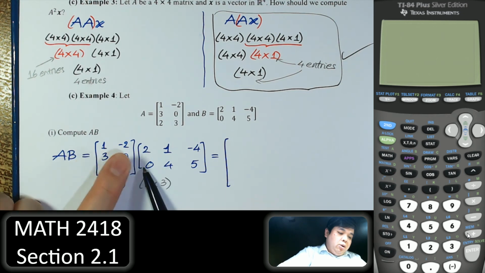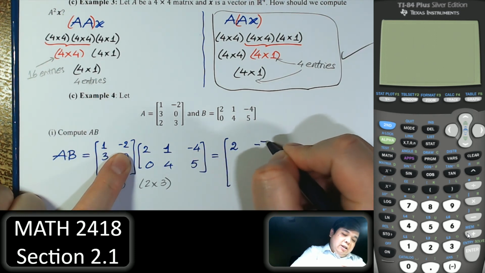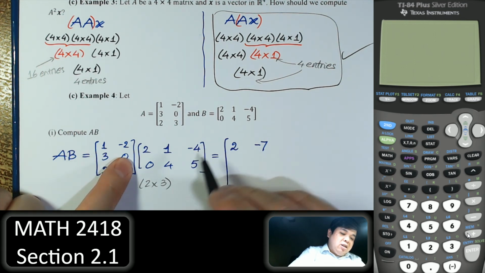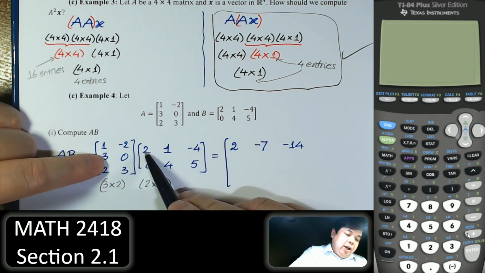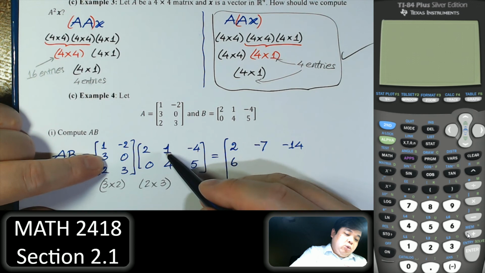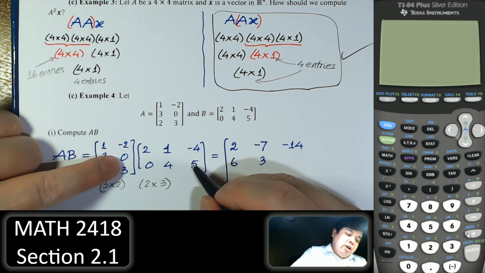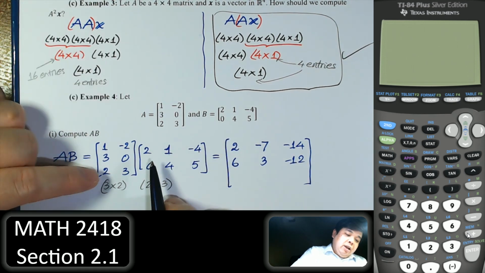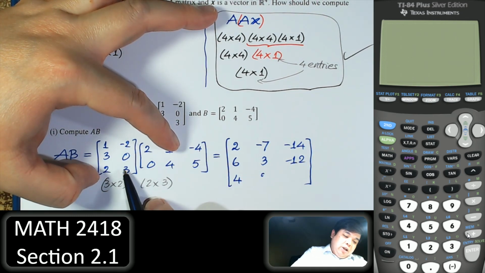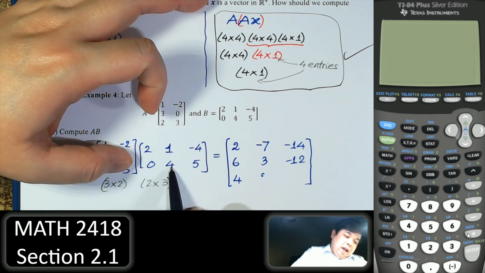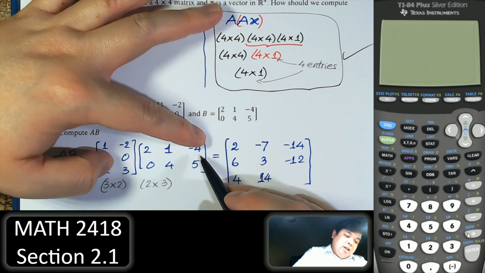Right, 2 and 0. 1, minus 8, minus 4, minus 10. 3 times 2 is 6, 0, 3 times 1 is 3, and that's 0, 3 times negative 4 is negative 12, and 0. 2 times 2, 2 times 1 is 2, and 3 times 4 is 12, so 2 and 12 is 14, negative 4, so negative 8, 15, 7.